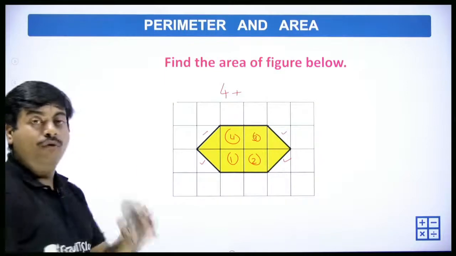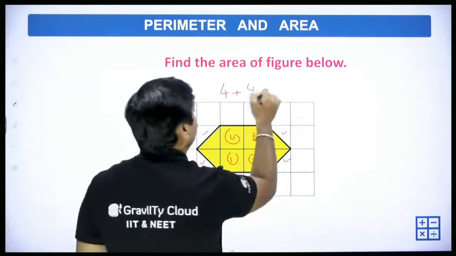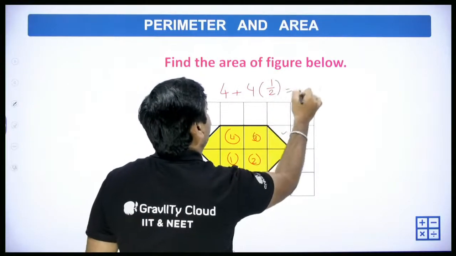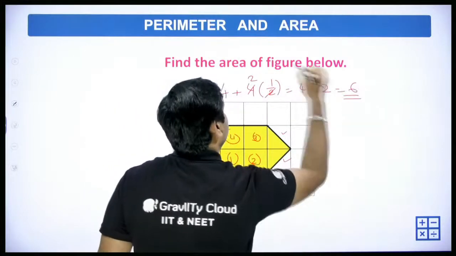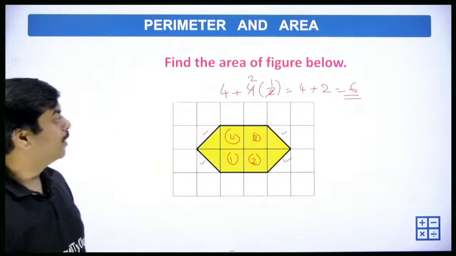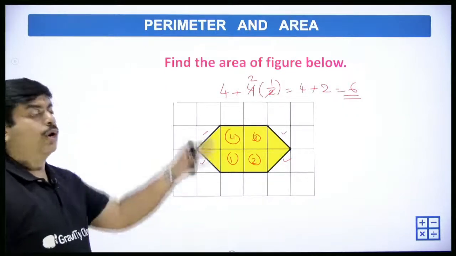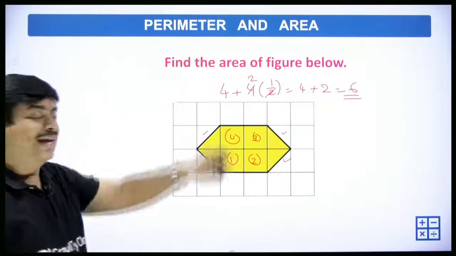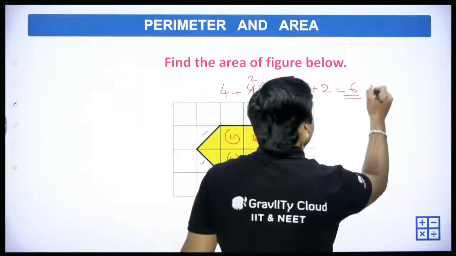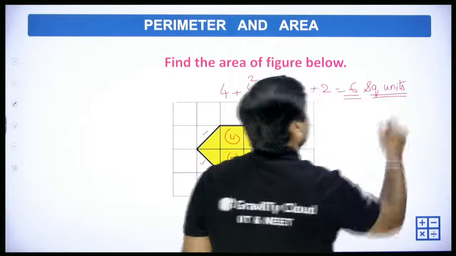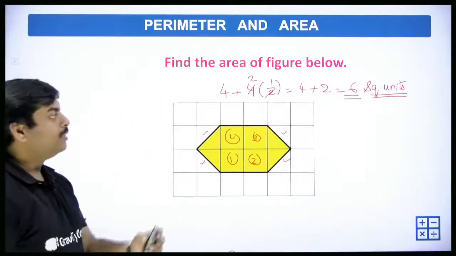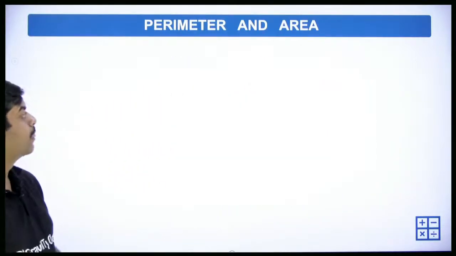So we have total 4 halves. 4 into half, so 4 plus 2. 4 plus 4 into 1 by 2 becomes 4 plus 2, which is 6. But area has units, so 6 square units, correct?